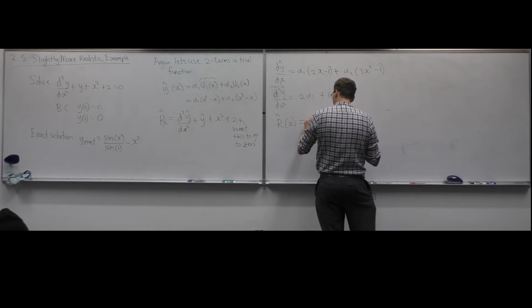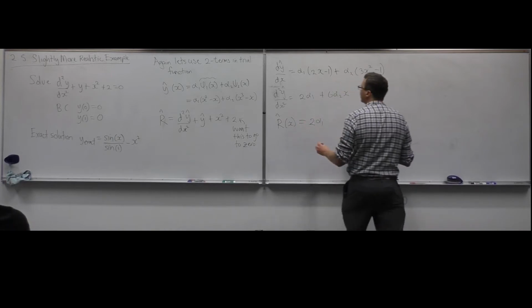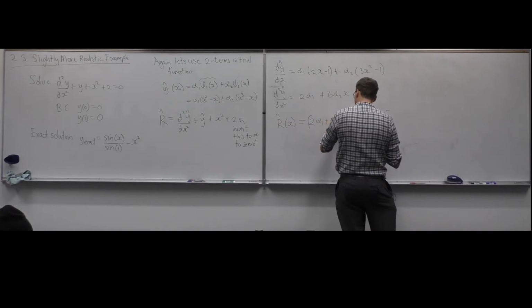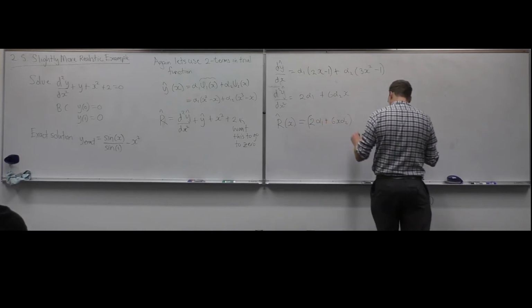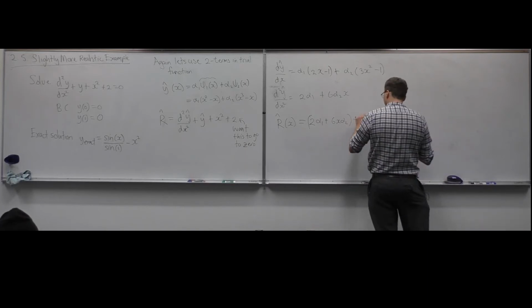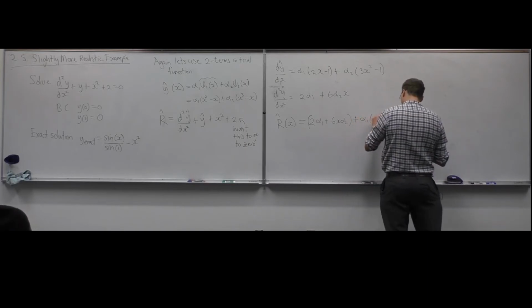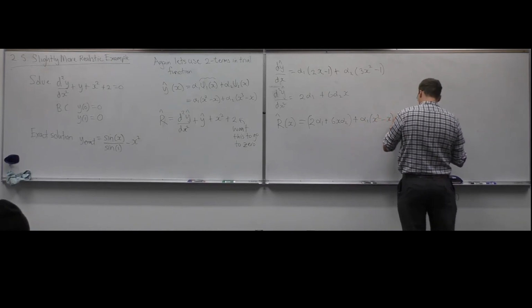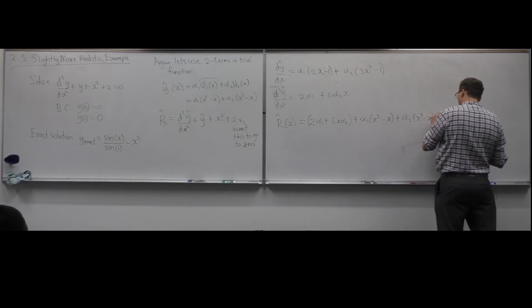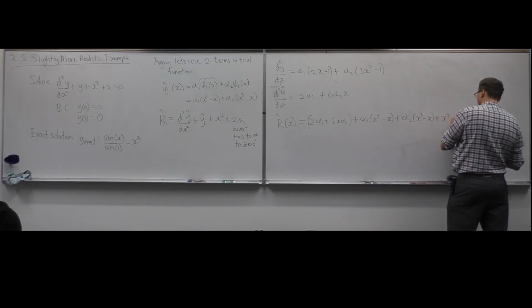So we have 2 alpha 1 plus 6x alpha 2 plus alpha 1 (x squared minus x) plus alpha 2 (x cubed minus x) plus x squared plus 2.